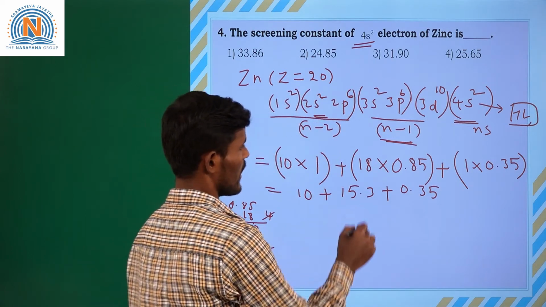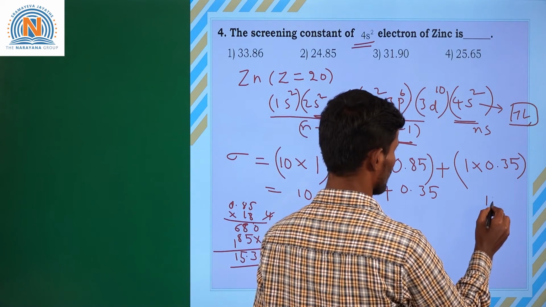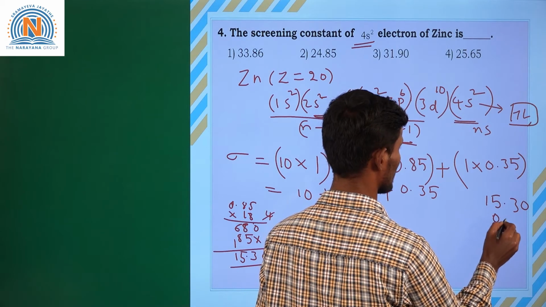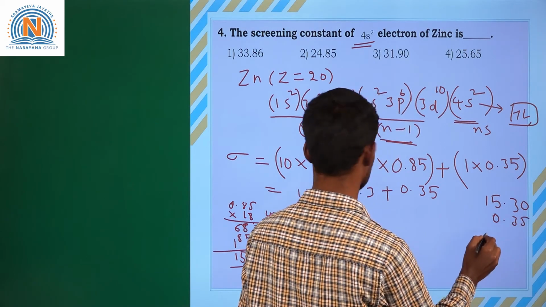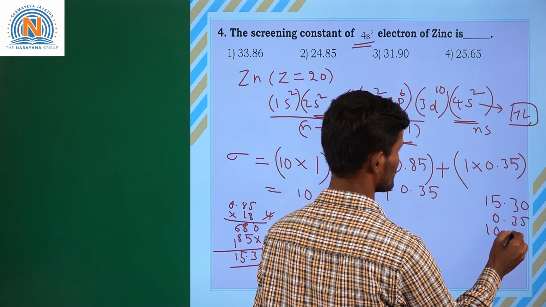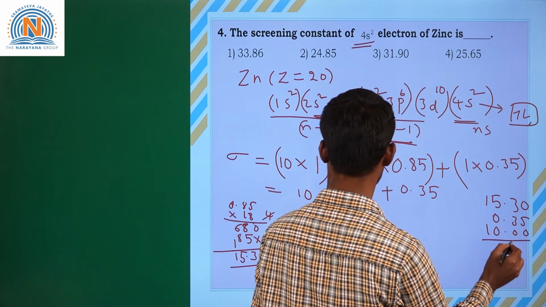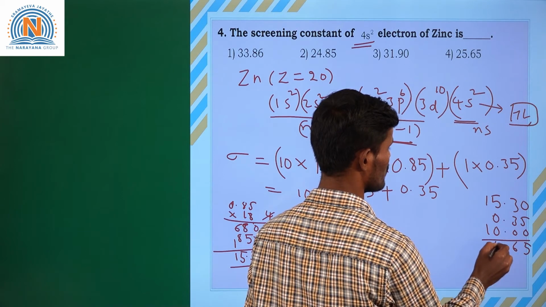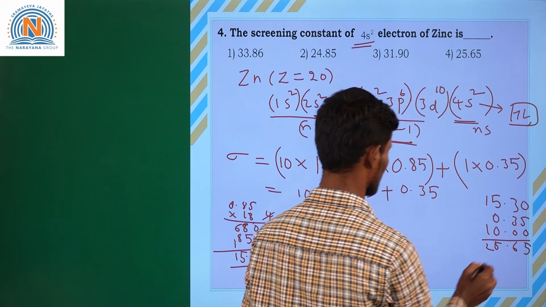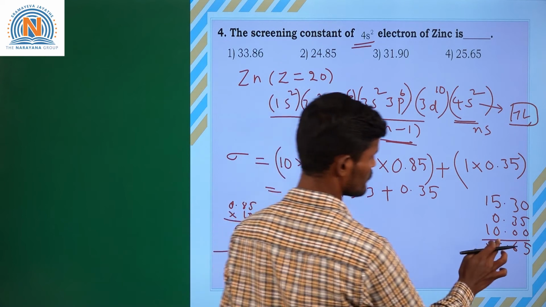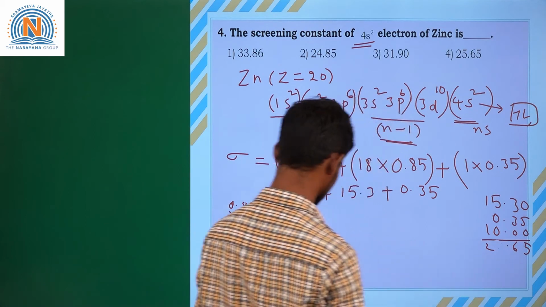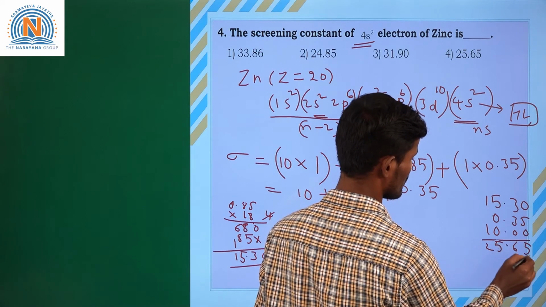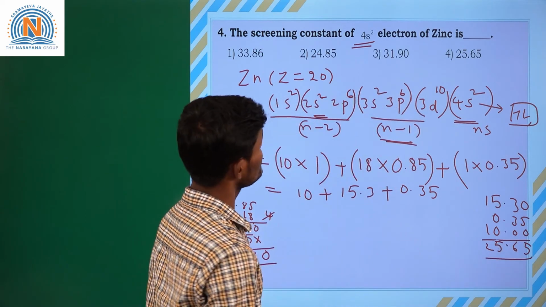Next, add all the values: 15.3, 0.35, and 10.0. Adding them gives 25.65.